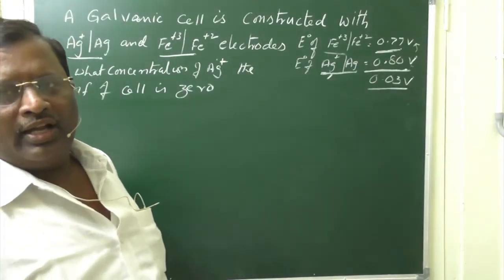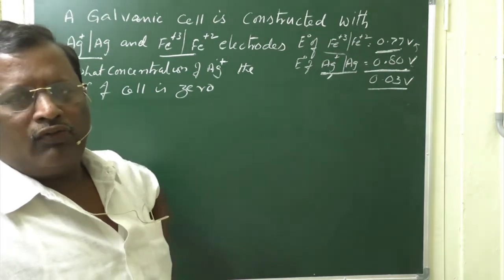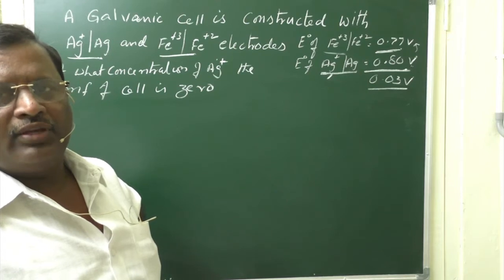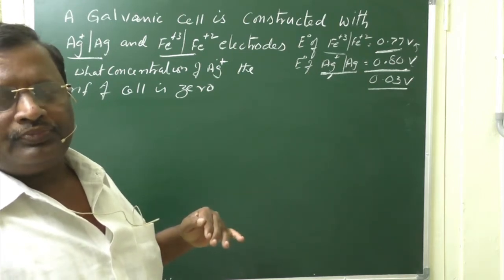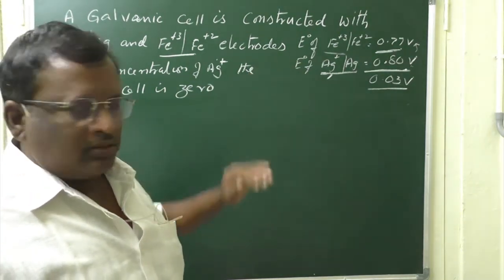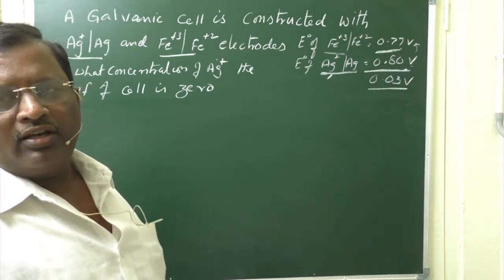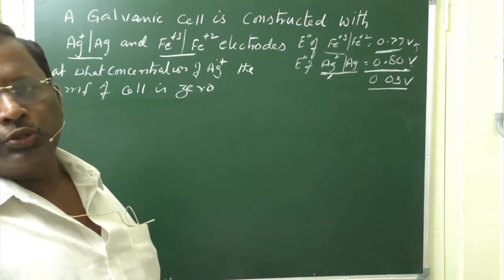If the two are in standard conditions, the potential of the cell will be 0.03. Now, what they are asking is, by changing the concentration of Ag plus ions without any change in the concentration of Fe plus 3 or Fe plus 2 ions, we have to make some changes in the silver ion concentration so that the EMF of the cell should be 0.